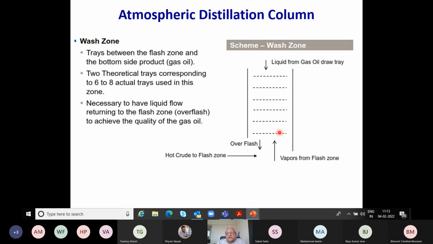This section is just above the flash zone, where there's vapor liquid contacting in order to ensure that no entrained droplets of the long residue travel up to the top. So the liquid does a kind of washing function. We produce some extra liquid, some extra vapor, by preheating the crude by another 2 or 3 degrees, so that we create this liquid which we can use for washing in this section.